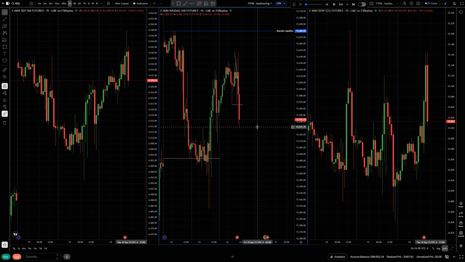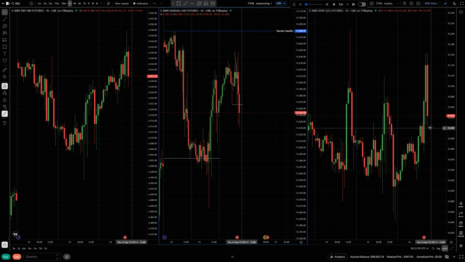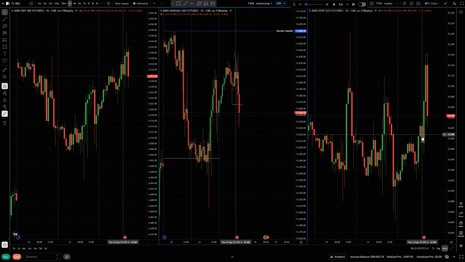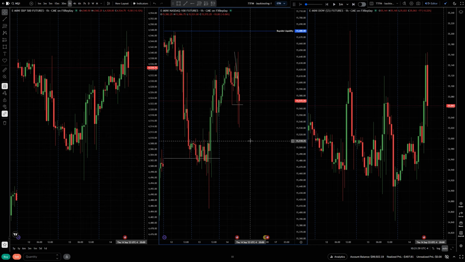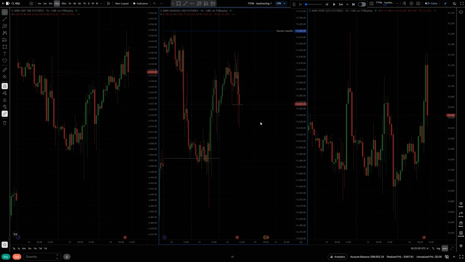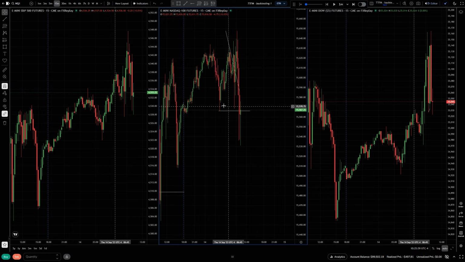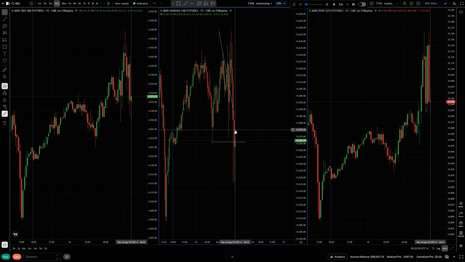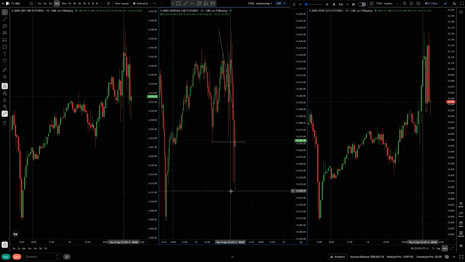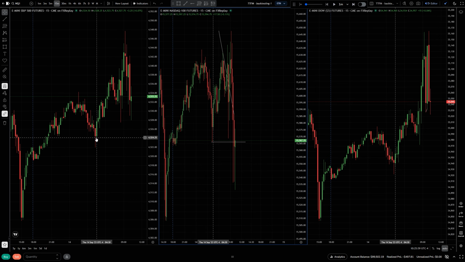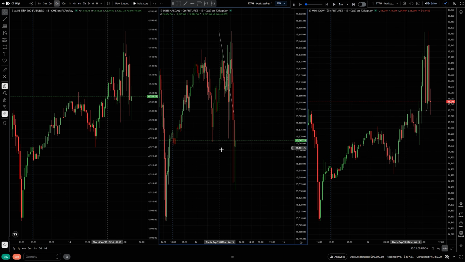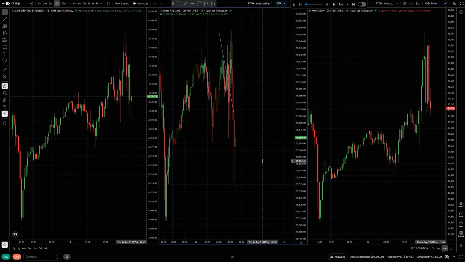I just want to see how YM reacts to this order block here, and how YM moves below this low, because for now, as you can see, we have very large wicks and we have very large SMTs.